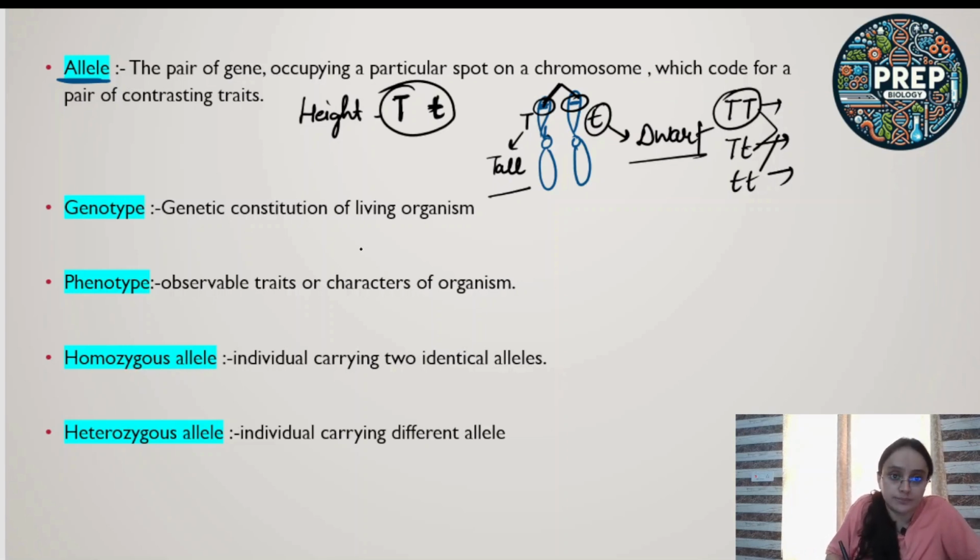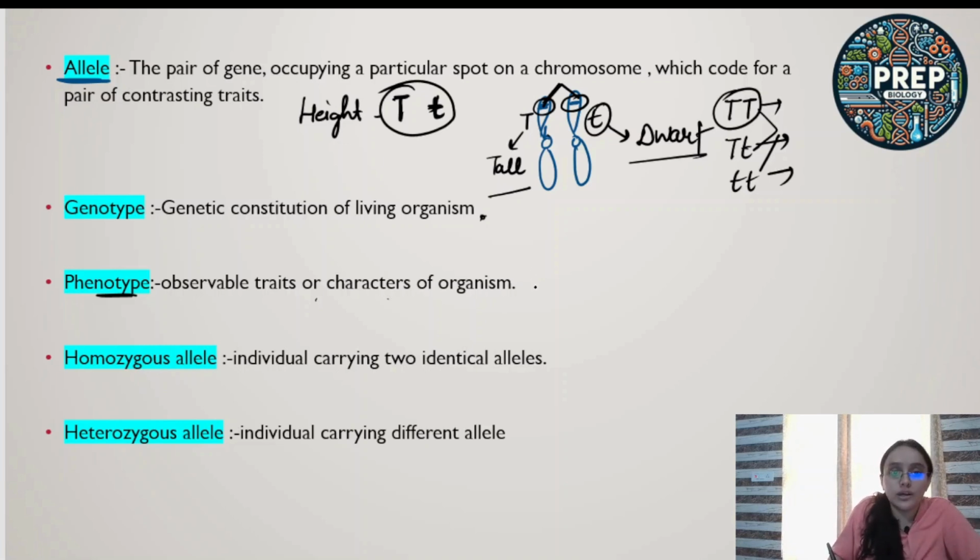Now, what is genotype? Genotype is the genetic constitution of a living organism. All the genetic makeup inside the living organism is the genotype. And phenotype is opposite to the genotype. Phenotype is the observable traits or characters of an organism, which we are able to see morphologically.